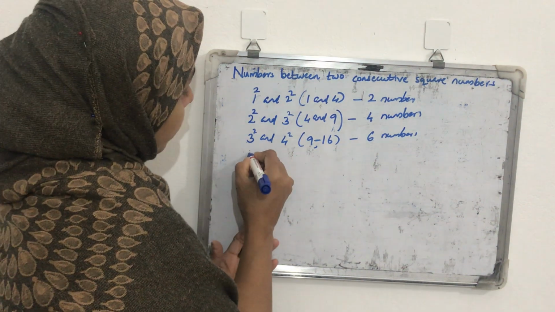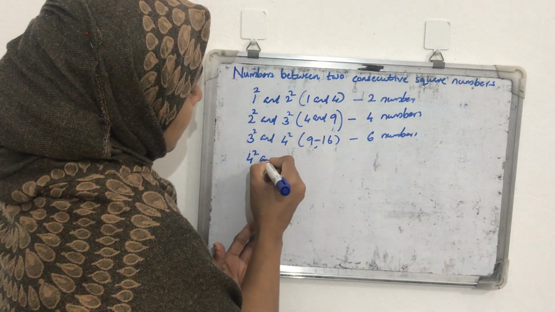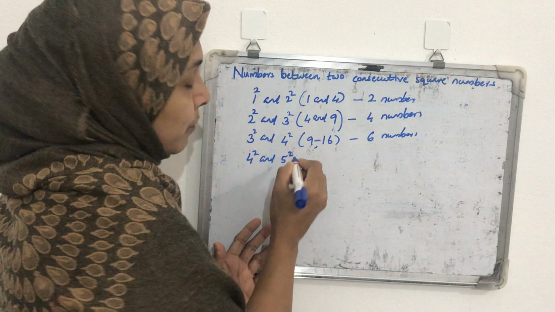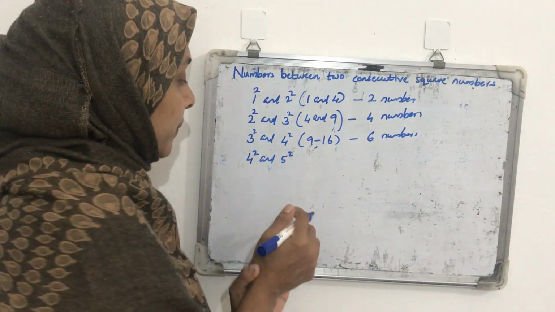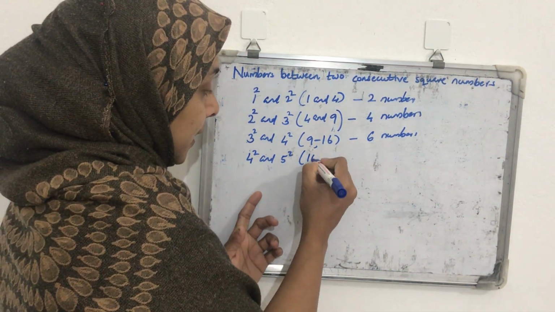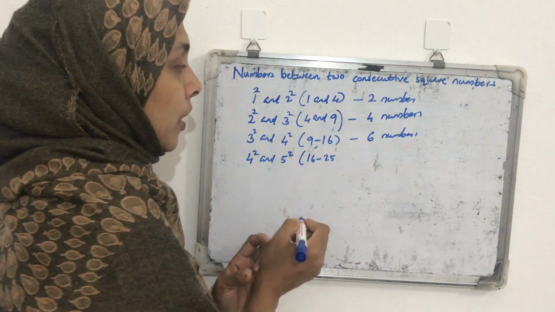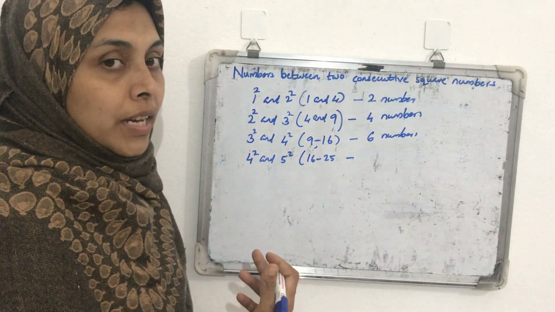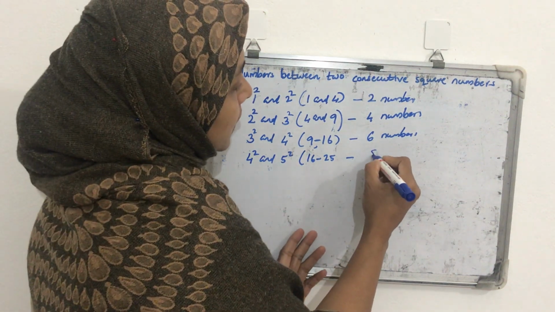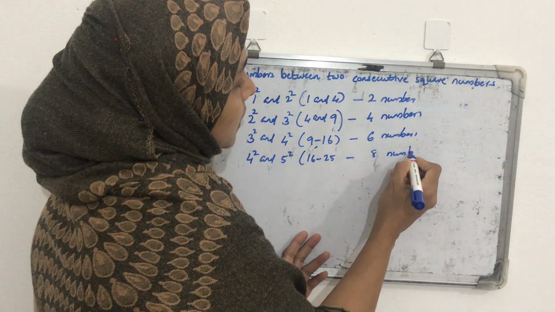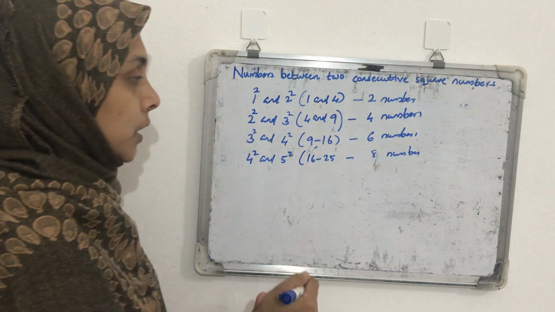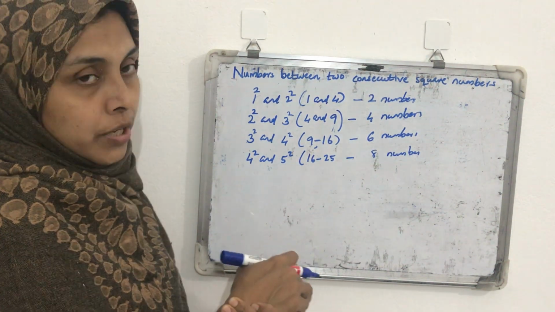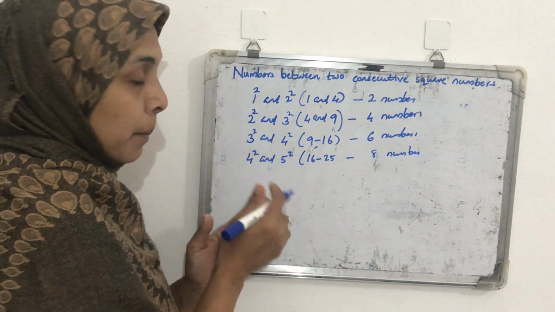Now in between 4 square and 5 square, that means in between 16 and 25, how many numbers will be there? You count it and you will get 8 numbers. Just like this, when we continue, we can find out how many numbers will be there.